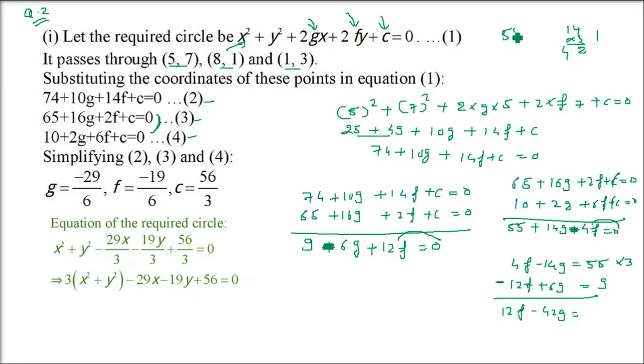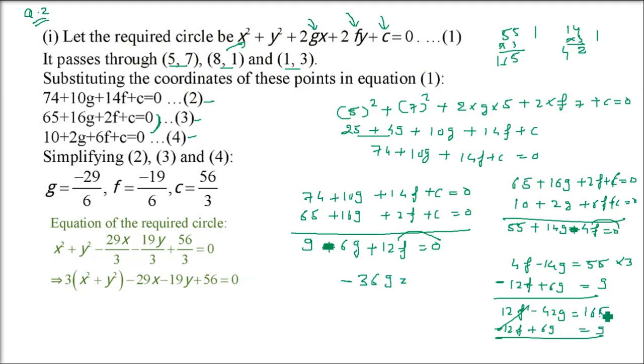Then we have 55 into 3, that's going to be 165, just recheck it, 165. Then you have minus 12f, plus 6g, equals 9. Just add these two, and 6 minus 42 is minus 36.